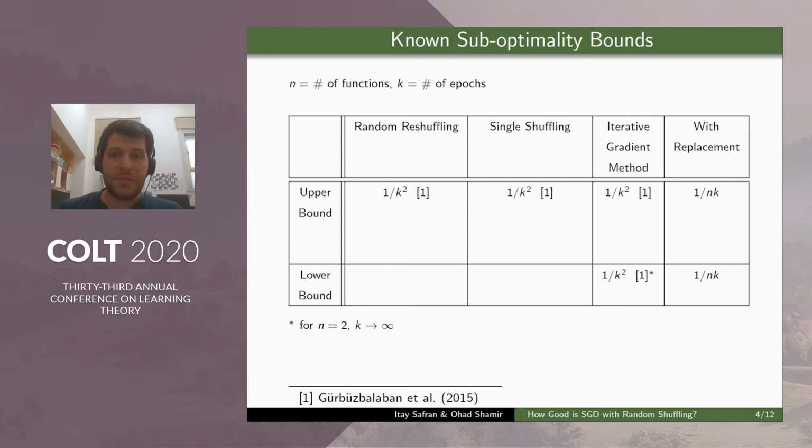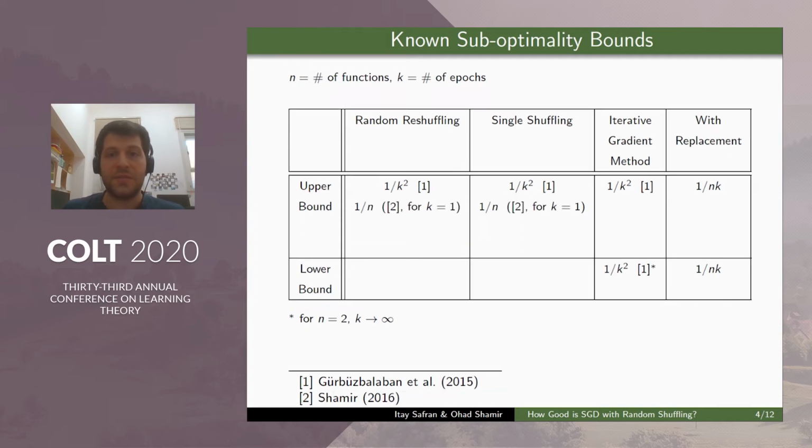For the without replacement sampling techniques, there were recent breakthroughs in recent years, which showed, beginning with the iterative gradient method, that we obtain an upper bound of 1 over k squared, which also implies such a bound for single shuffling and random reshuffling. Also, the authors show this is also a lower bound under the assumption that we only consider two functions, and that this bound is also asymptotic in k.